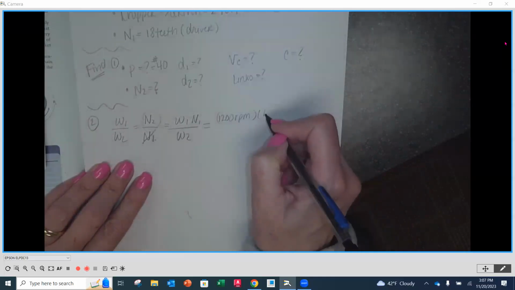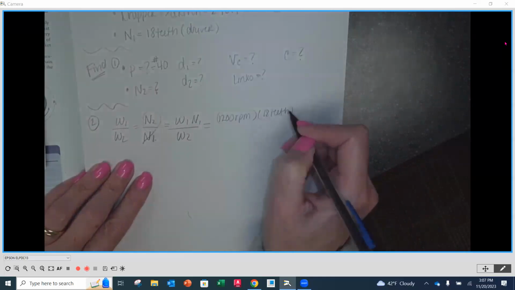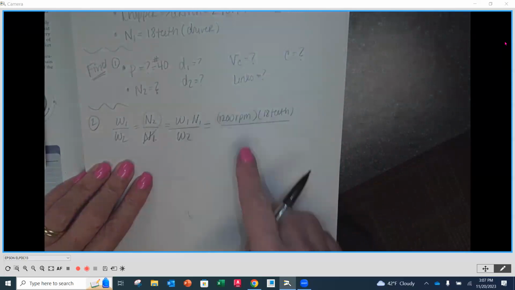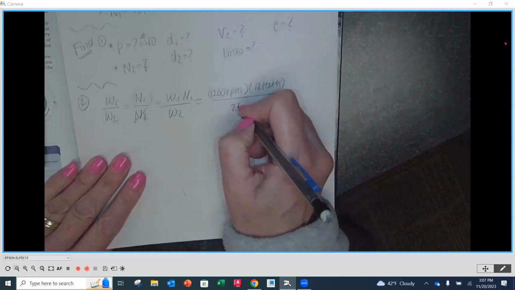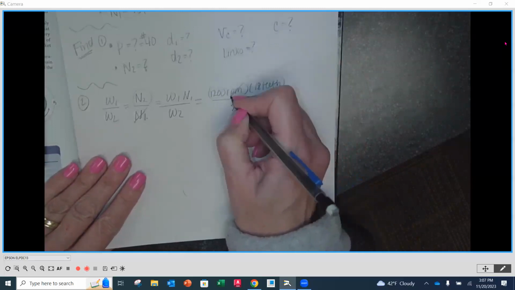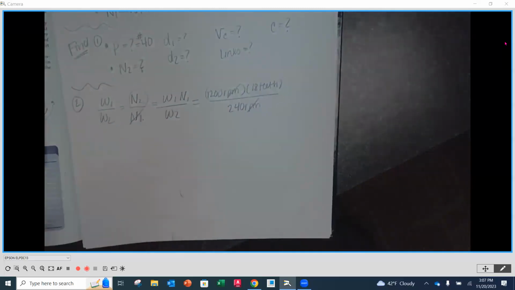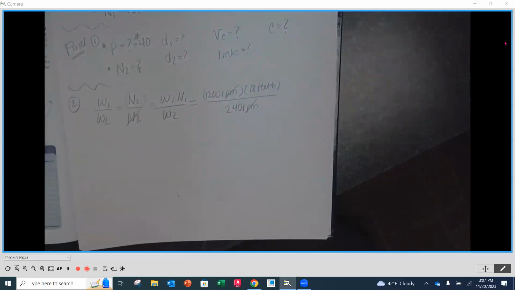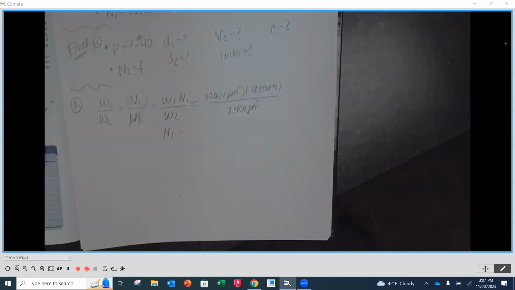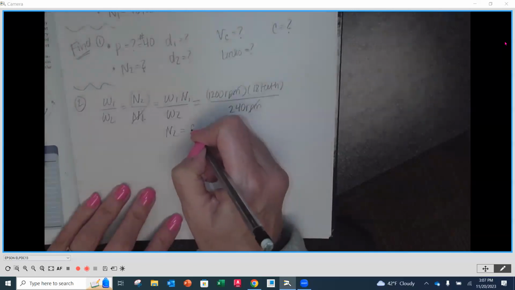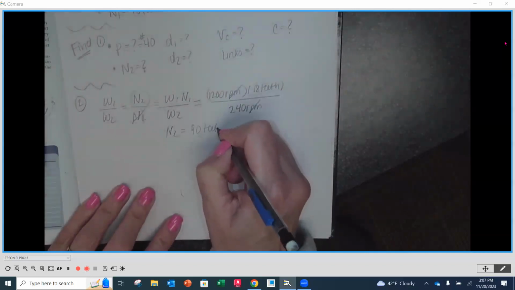Our N1, 18 teeth. And our W2, we want it to be 240 RPMs. This means that the RPMs cancel out, so we don't have to do our converting here because this is just our ratio. And now our N2 calculated is going to be 90 teeth, okay?